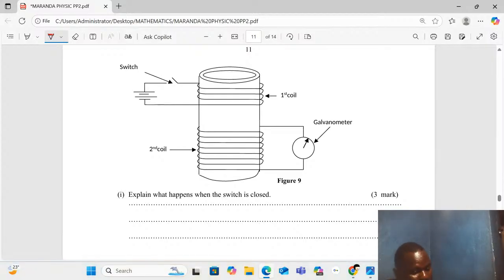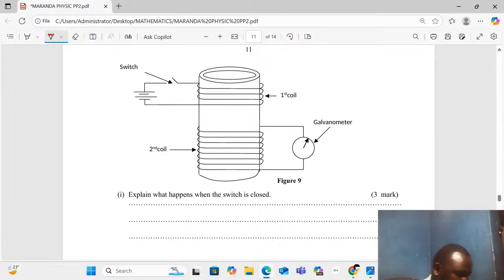Aha. So here we do expect some mutual induction, and it has been awarded 3 marks. So we expect the flow of current in the first coil to create some magnetic fields, and these magnetic fields will create some induced EMF or current in the second coil.